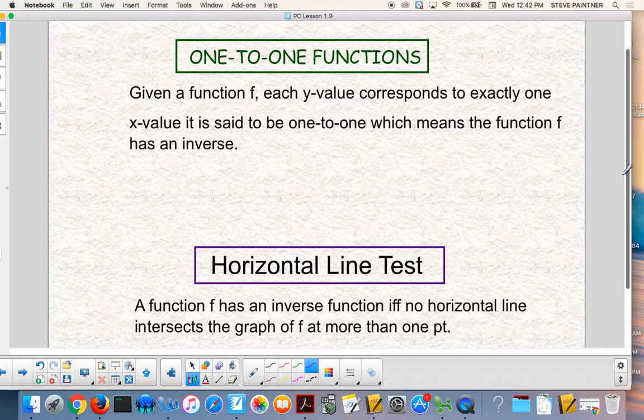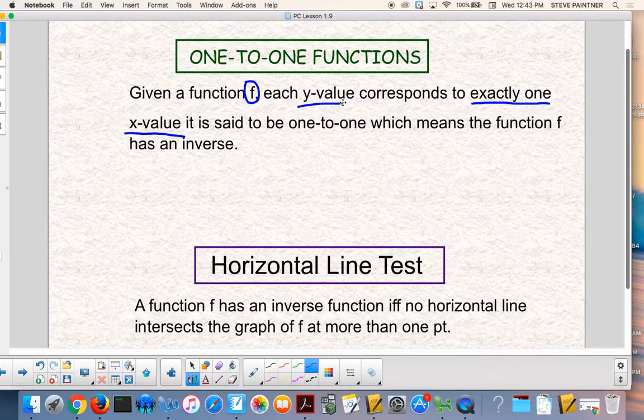Given a function f, any function, each y value on the function corresponds to exactly 1 x value. Sounds like the definition of a function, right? The definition of a function says each x value gets exactly 1 y. This says each y value gets exactly 1 x value.